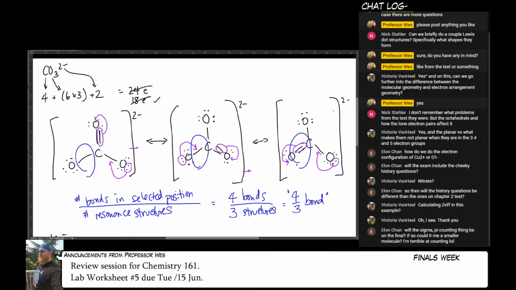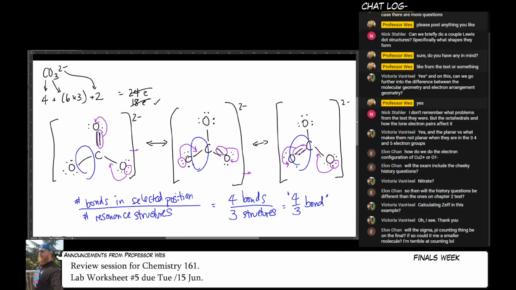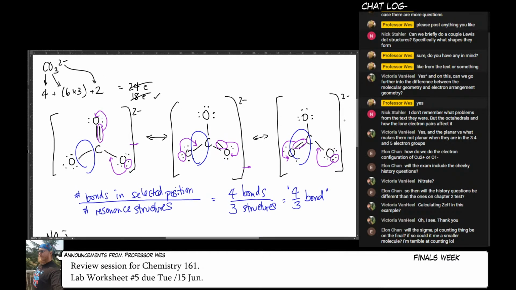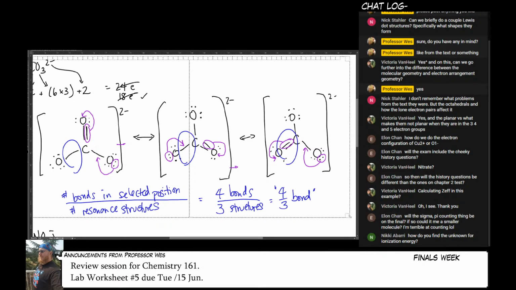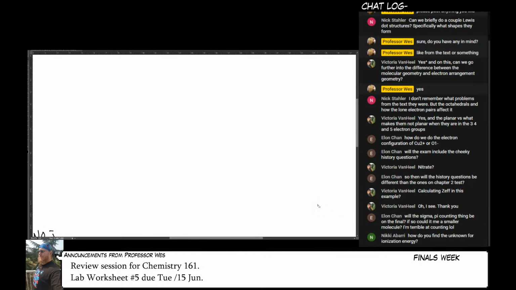Yes, there will be sigma and pi on the exam. Which one you get is totally randomized. No, I cannot make it smaller. So I gotta actually get rid of this. So we'll draw carbonate over again.